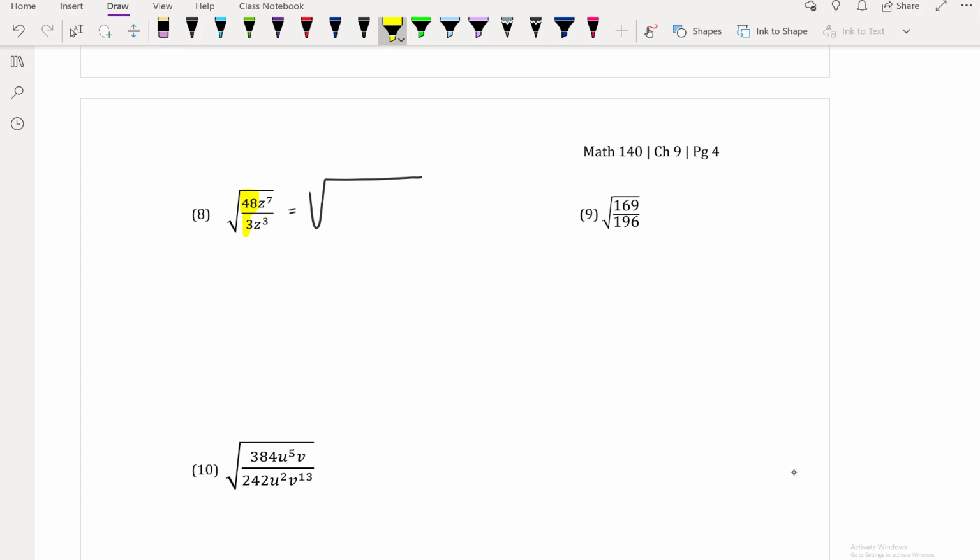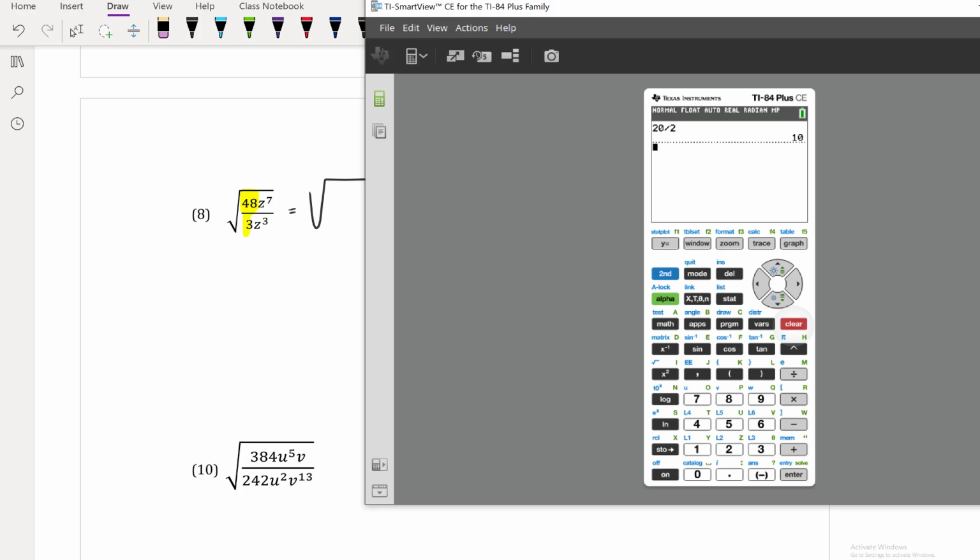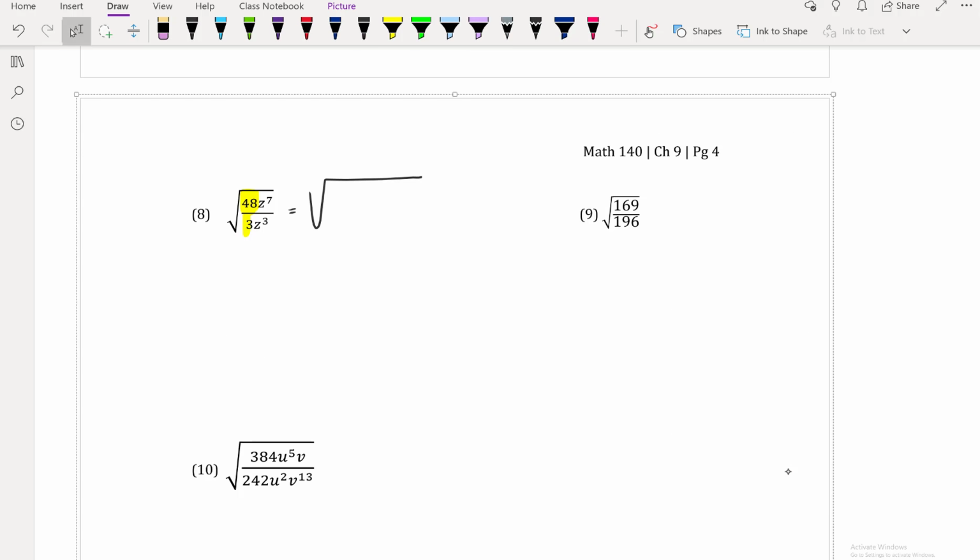Can 48 be divided by 3? And if you don't know, you can always check your calculator. So let's see. 48, and I want to see if that can be divided by 3. Well, 48 divided by 3 is 16. Perfect. So I know that that's going to give me a 16 on the inside.